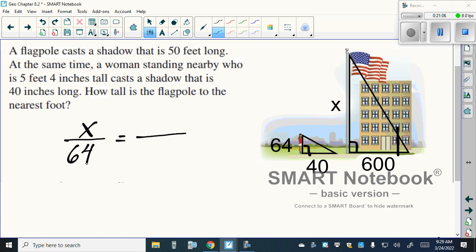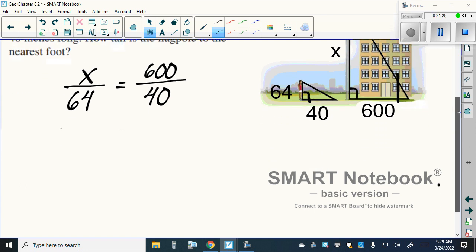What do we put in the numerator of the second fraction? 600 over 40. Because the shadow for her is 40 inches.